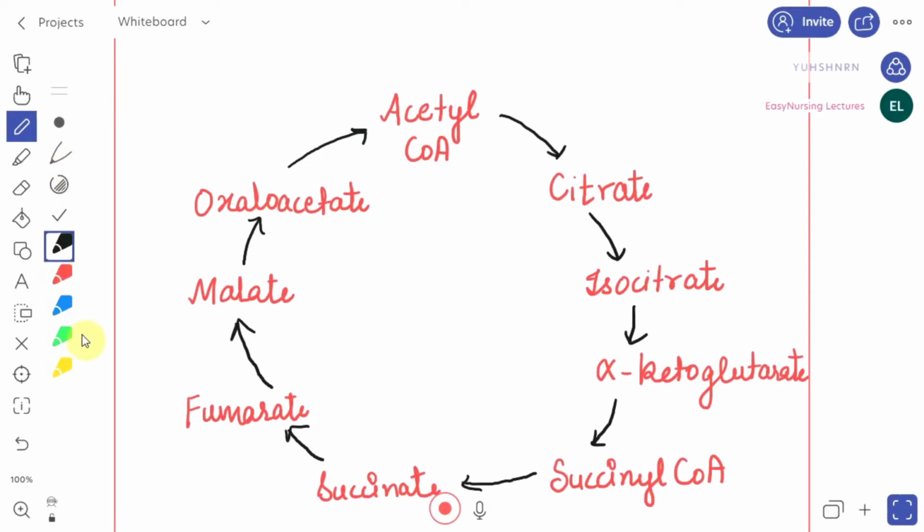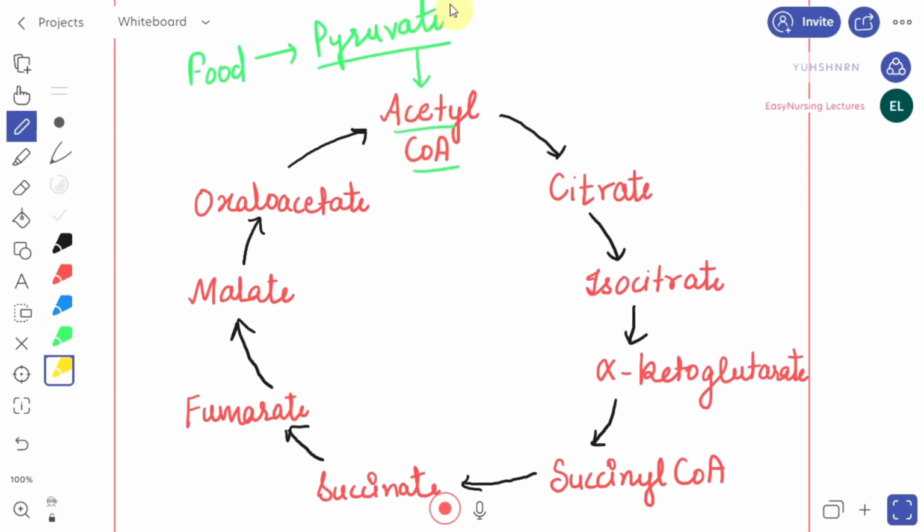Okay, so what will happen once we take food is that the energy is stored in the form of pyruvate. When we have to utilize that energy, it will change into acetyl CoA, which is the first key component of the Krebs cycle. So here we are going to talk about the carbon count changes that happen in the whole cycle.